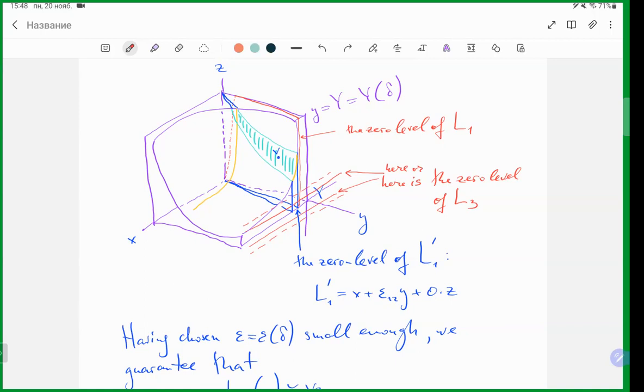So the red plane will be obtained by rotating the blue page around this line in this direction.